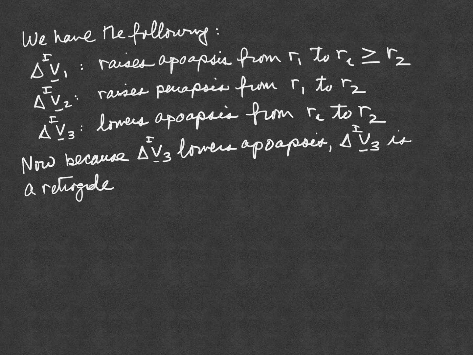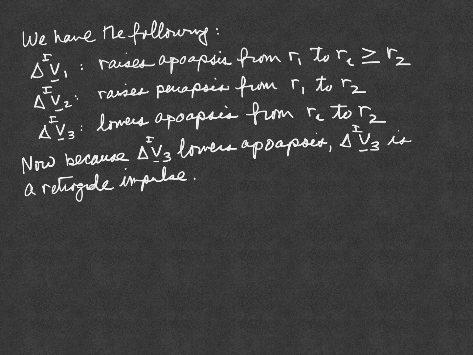What that means is that the first two impulses are positive impulses. They increase the size of the orbit, but the third impulse is actually one that decreases the size of the orbit. So as a result of that third impulse, we have to be careful when we deal with the magnitudes of these impulses.